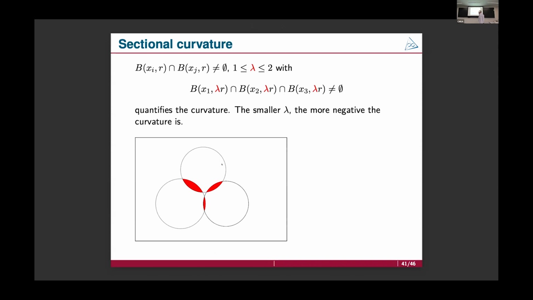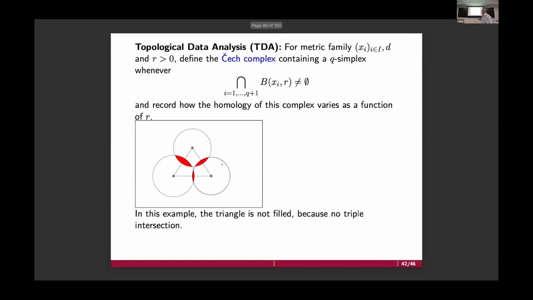So here we have balls in Euclidean space. We have pairwise intersections, but we don't have a triple intersection. And we can even associate, as one usually does, a Čech complex there. The balls are the vertices of the Čech complex. You connect 2 points if the corresponding balls have an intersection.